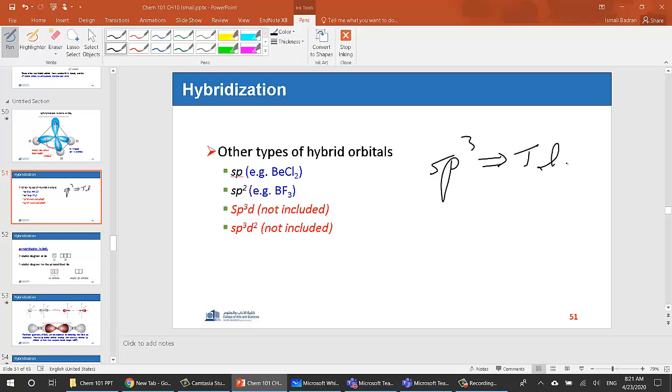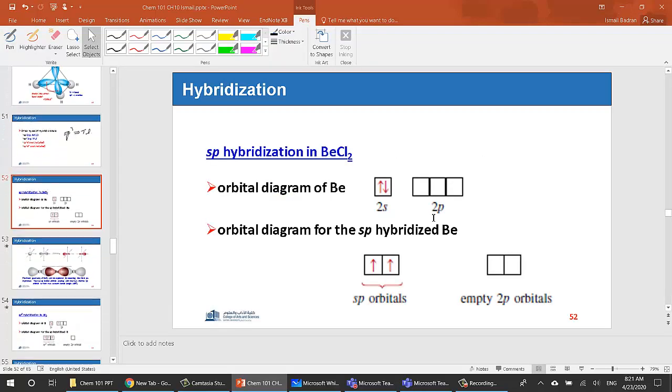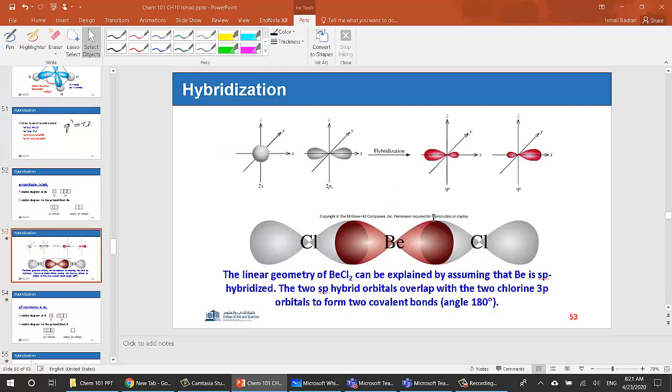You have sp2, which is trigonal planar. You have sp, which is linear. You also have other types of hybridization, which are sp3d and sp3d2, but those are not included at this level of chemistry.